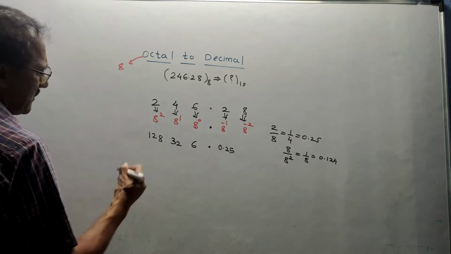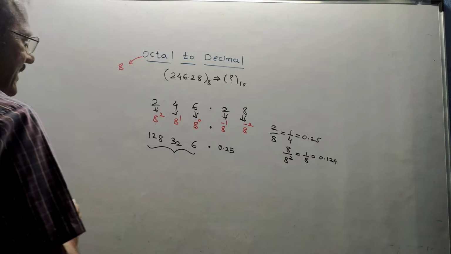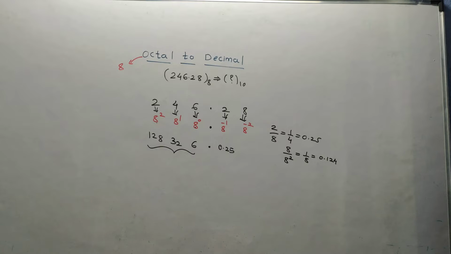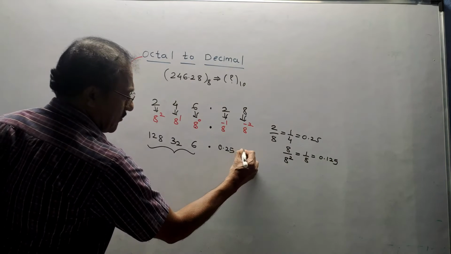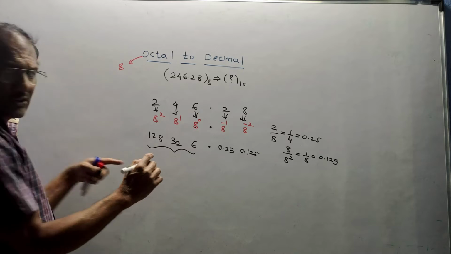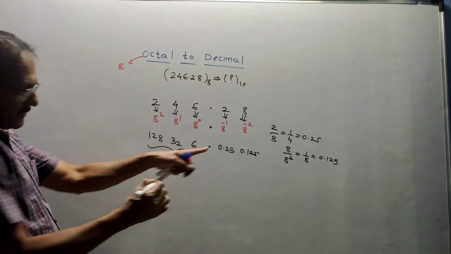Now simple like the previous case, add all the values which you get after performing this operation. So perform this addition. This answer will be 166. Keep the decimal point as it is.